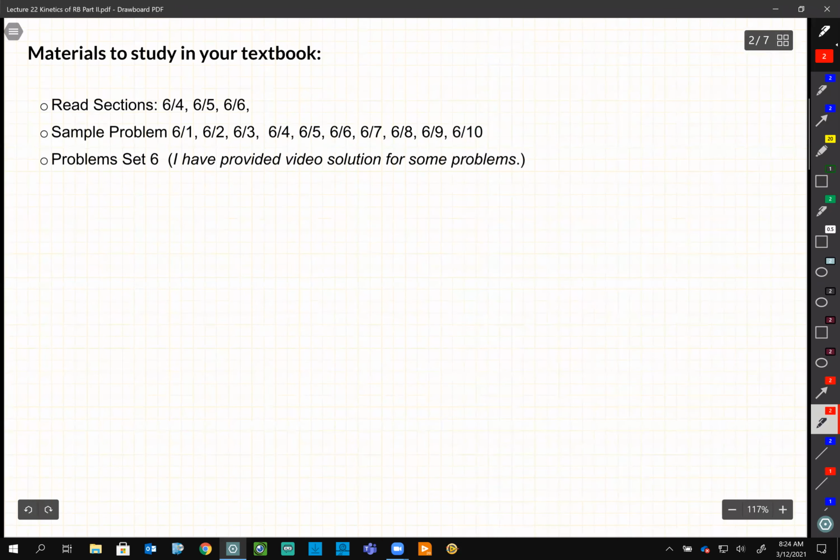Okay, so here are the sections that you need to study, and please study these sections. These are important sample problems, and I emphasize this chapter is not an easy chapter. I try to simplify it as much as possible, but the way that I explain it should not mislead you that, oh, okay, this is easy.